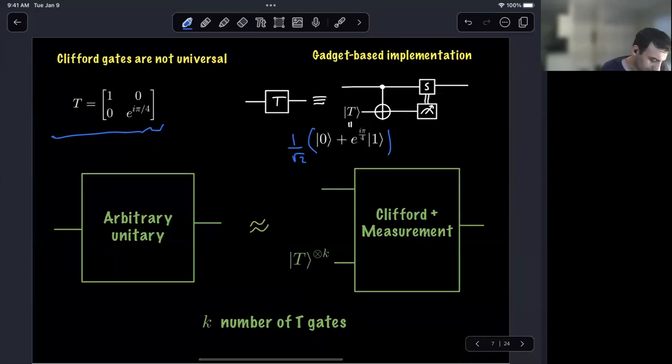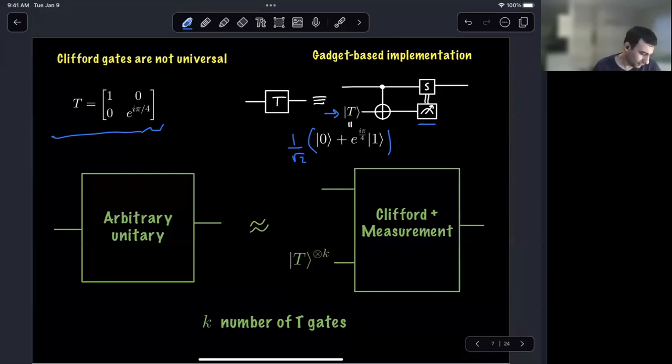And then you apply a CNOT and you measure the second qubit, and based on the measurement, you apply an S gate on your first qubit. And you can check that it's exactly equivalent to the T gate. The important point here is that everything here is either a Clifford operation or a measurement. You just need to initialize the ancilla qubit in this state.